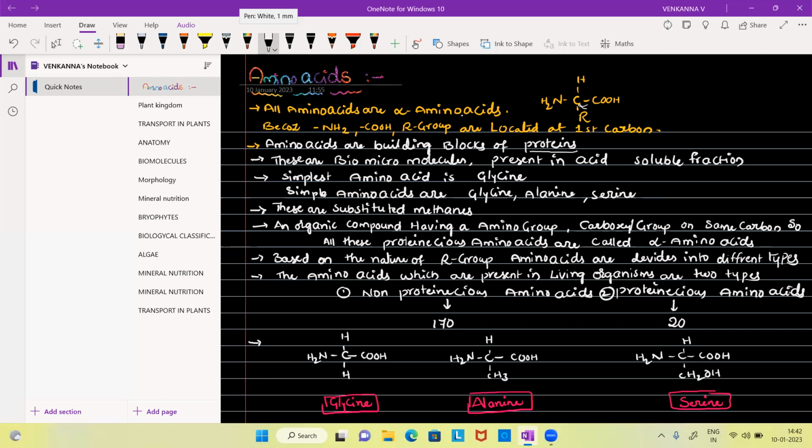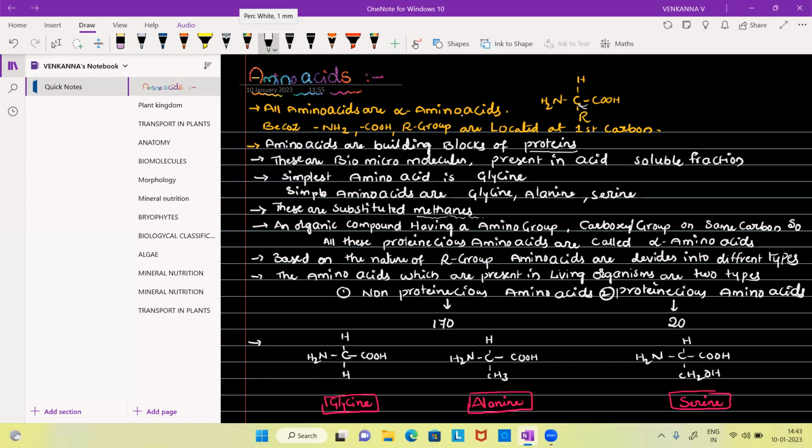All amino acids are substituted methanes because the important groups are substituted at the methane carbon position. An organic compound having an amino group and carboxyl group on the same carbon, that is, all proteinaceous amino acids, are called alpha amino acids. Based on the nature of the R group, amino acids are divided into different types.